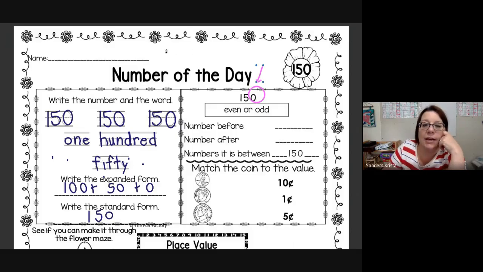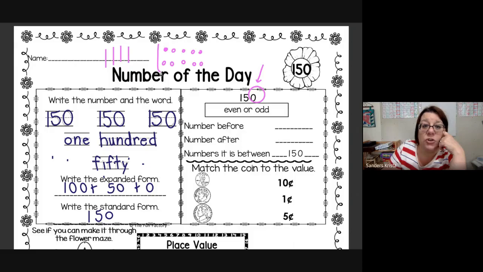If I have 10 ones, 1, 2, 3, 4, 5, new line, 6, 7, 8, 9, 10, right? So this is a group of 10, right? Because there are 5 tens, so it's actually showing like 50, right? So 10, 20, 30, 40, and then here's 50, okay?